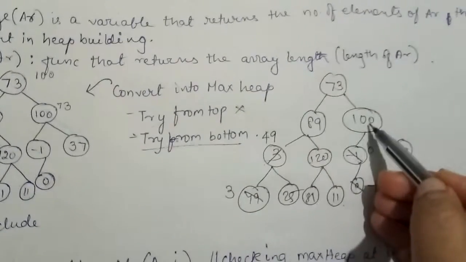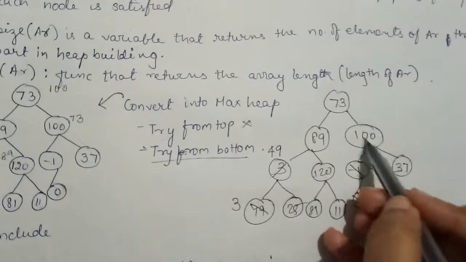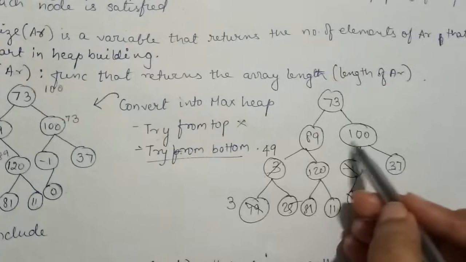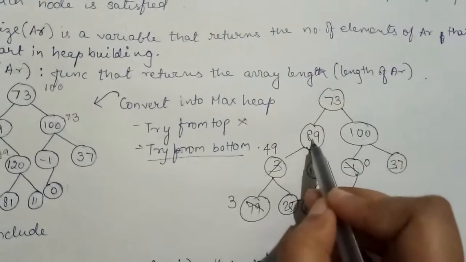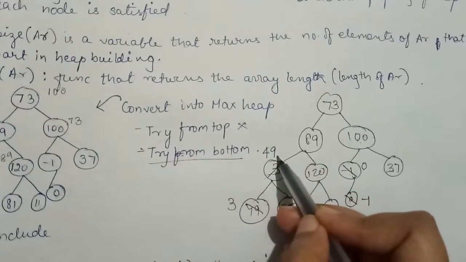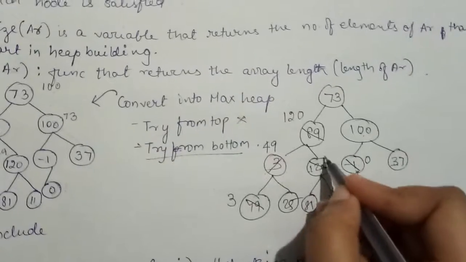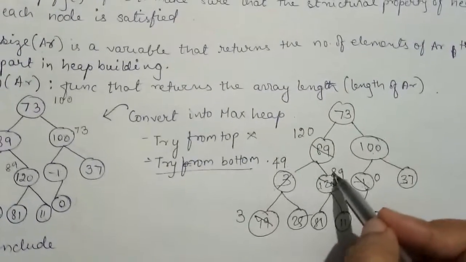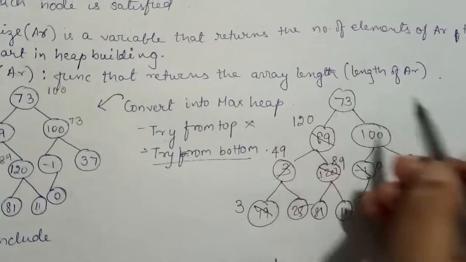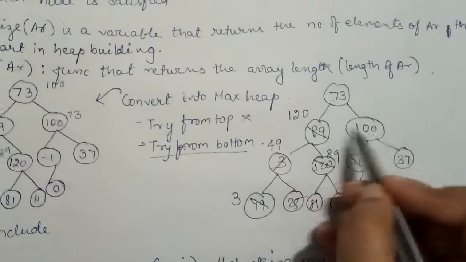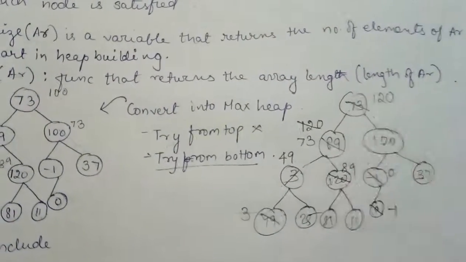Then its previous element is 100, 37, it is fine. So 100, and then its previous element 89, 49, 120. Not correct. We have to make it like this, swap, and then this index was checked, then its previous element 73, not correct, 73 here, 120.